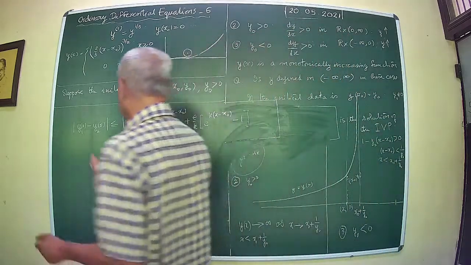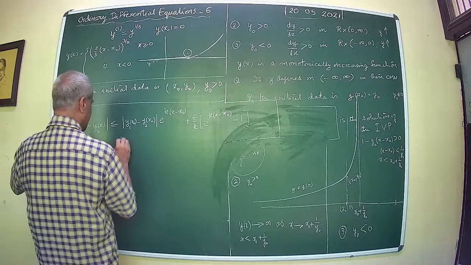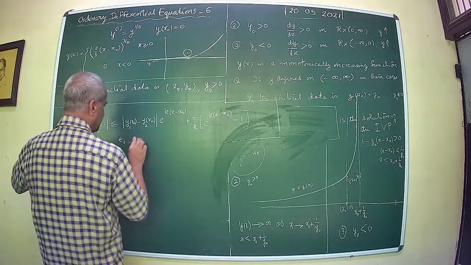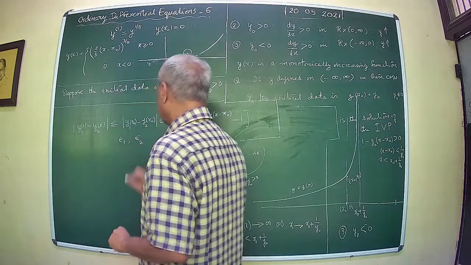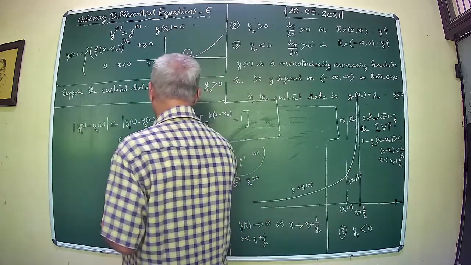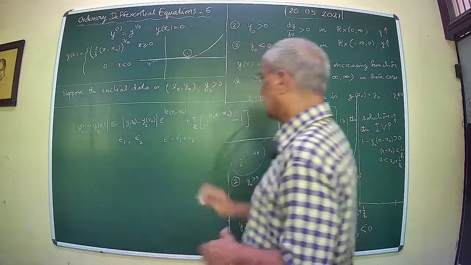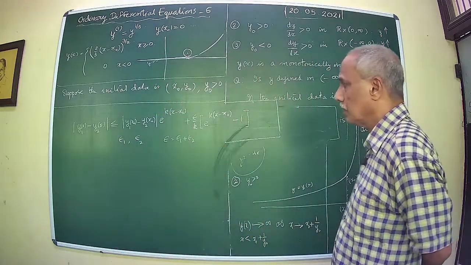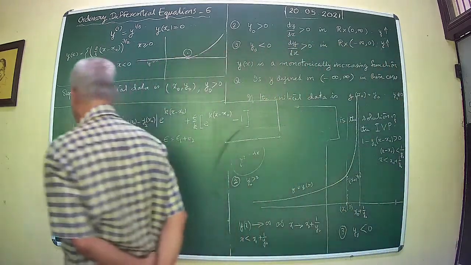So y1 satisfies the equation with error epsilon 1, y2 satisfies the equation approximately with error epsilon 2, then epsilon is equal to epsilon 1 plus epsilon 2, and k is the Lipschitz constant, etc. I say this is a beautiful inequality to estimate the error.